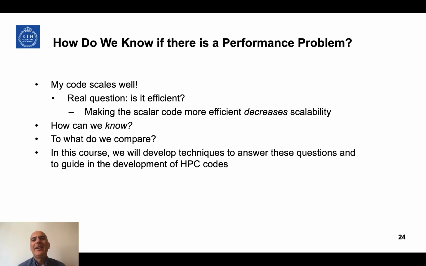Typically, codes that scale very well don't perform very well on one core. So the question that we will try to address in this course is, what do we compare to? In this course we will develop techniques to answer these questions and to guide the development of HPC code. So this was the last slide.